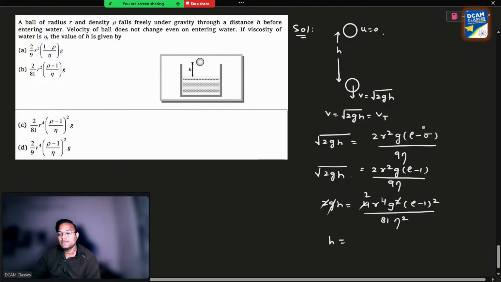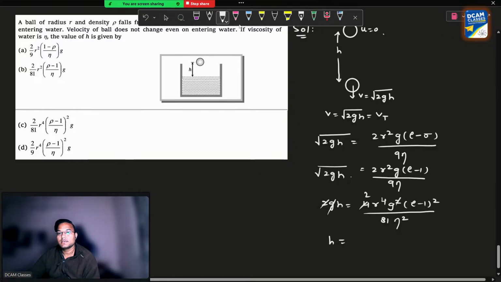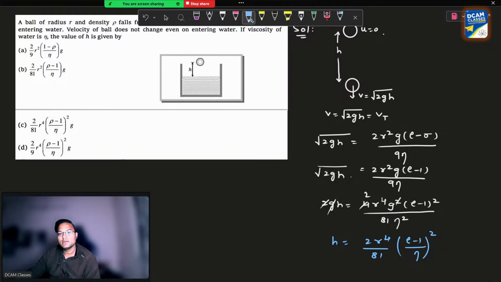So H should be equal to... The answer you must be getting is, we write in blue, H is equal to 2R power 4 by 81 into rho minus 1 by eta. Option 3, option C.